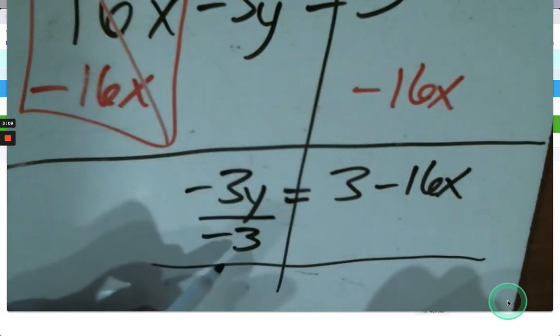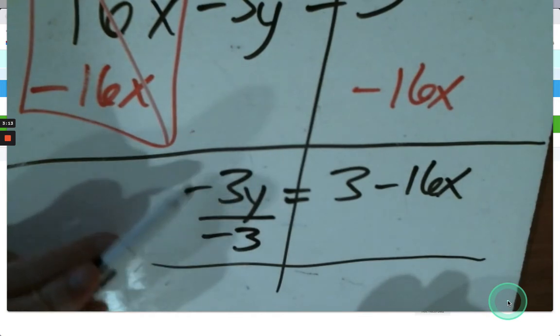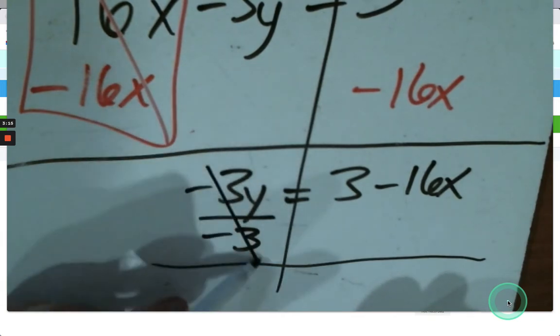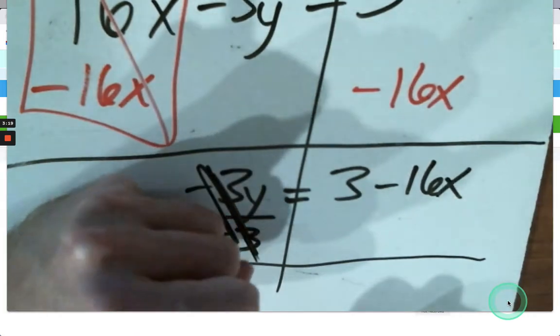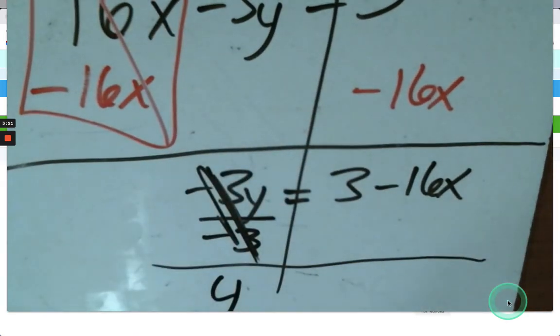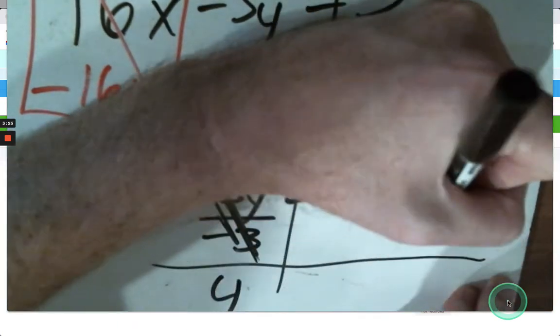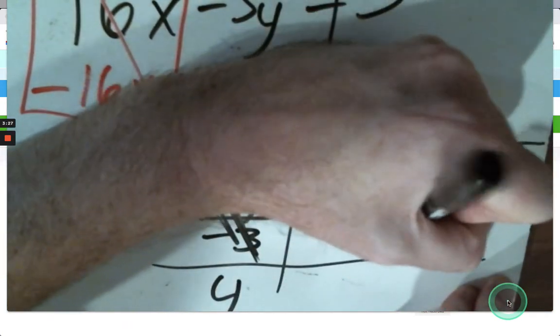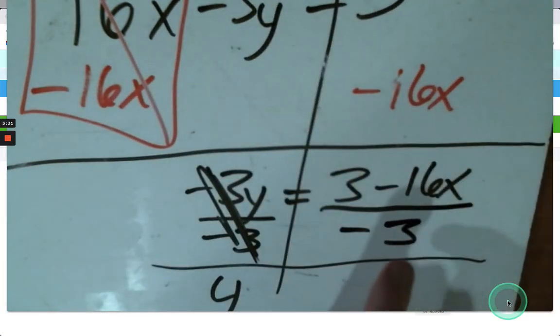So when I divide by negative 3 here, that cancels out the multiplication of negative 3. A negative divided by a negative cancels out, and 3 divided by 3 becomes 1. That gets us down to y on this side, but we needed to remember to divide both sides by negative 3. That means every term, the 3 and the negative 16x, both need to be divided by negative 3.